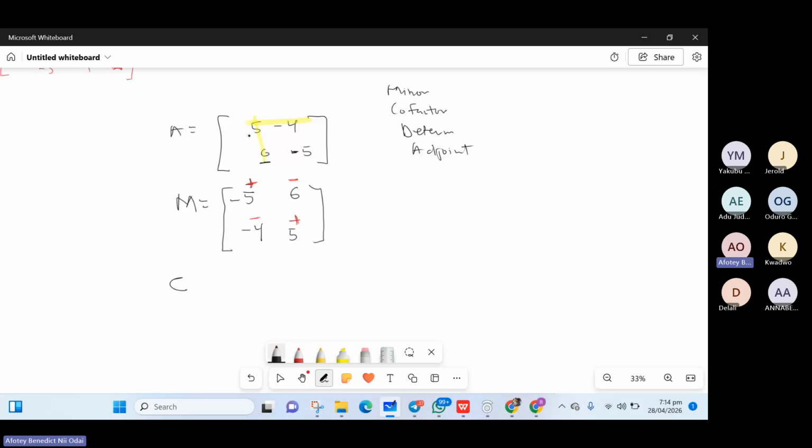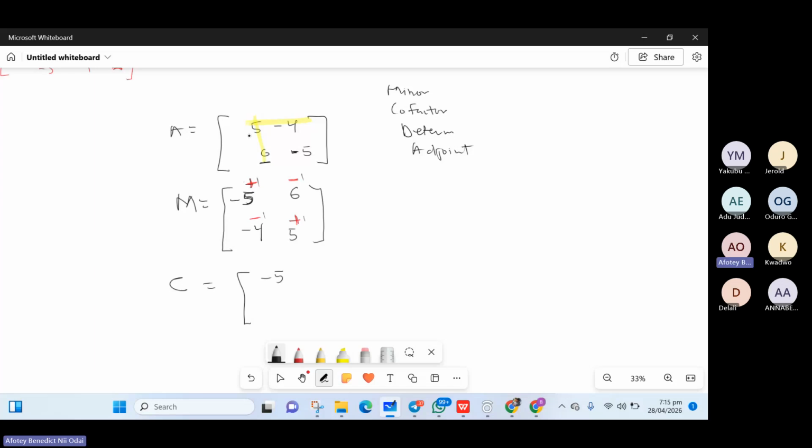So let's assume there is a 1 here, a 1 here, and a 1 here, basically.